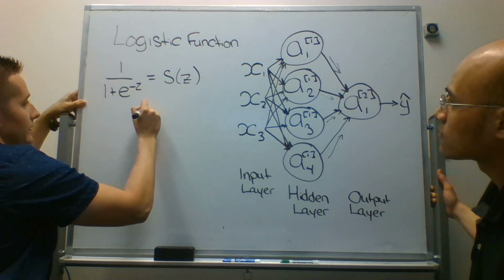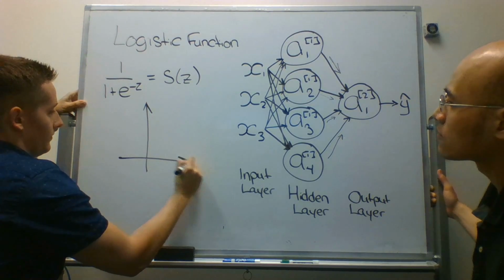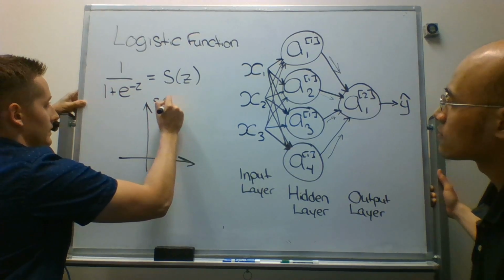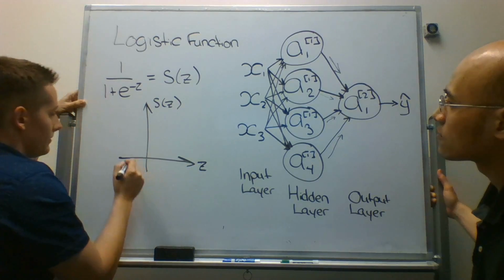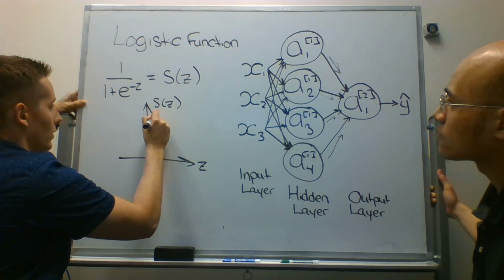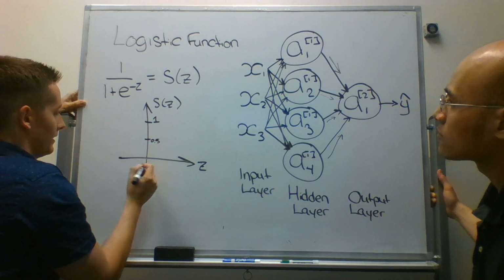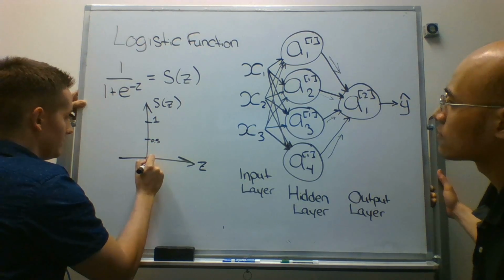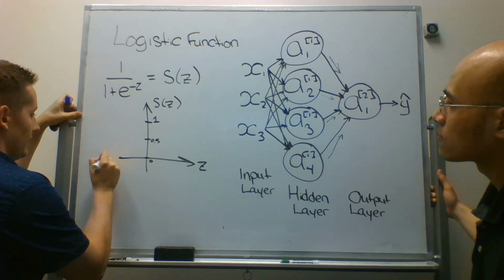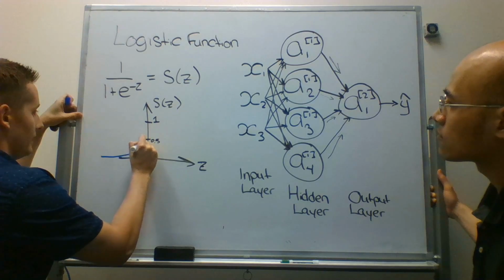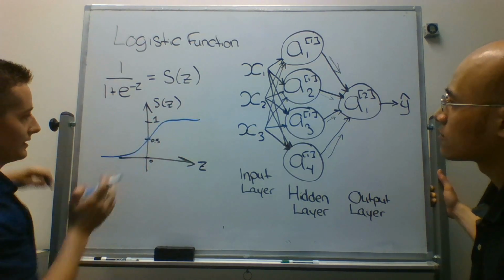And graphically, this looks like this. s of z is bounded, and this will be z. 1 is the upper bound, 0.5 is the y-intercept, and 0 is the lower bound. So I'll draw our nice S shape that goes through y at 0.5 and asymptotes at 0 and 1.